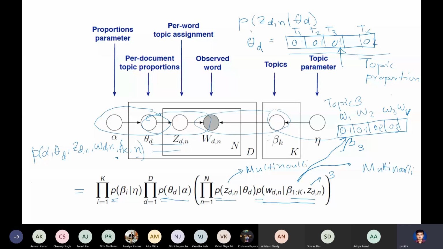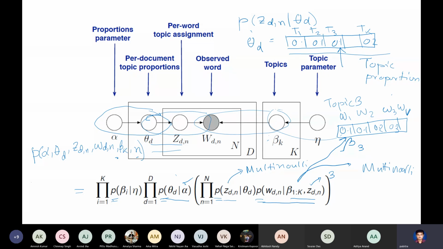So let's say this theta D is generated as a sample from some other distribution whose parameter is alpha. What type of distribution would that be? Our mental process is like this.